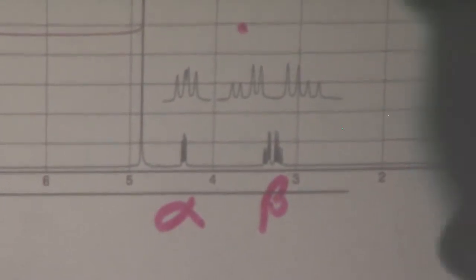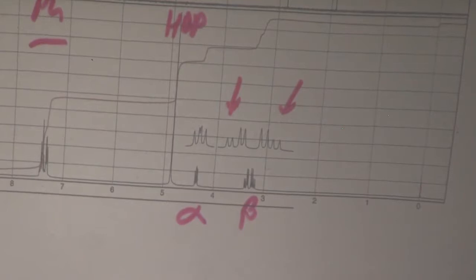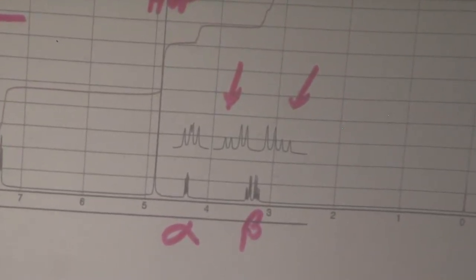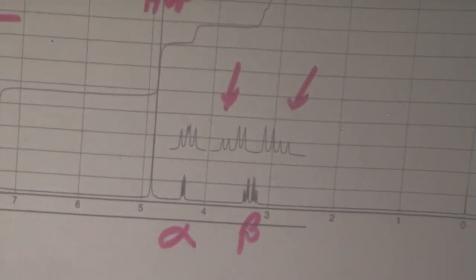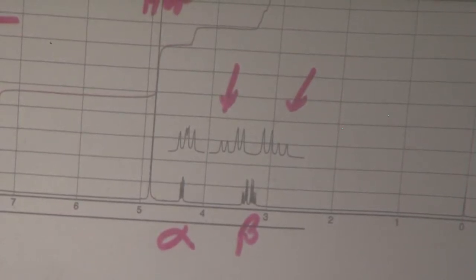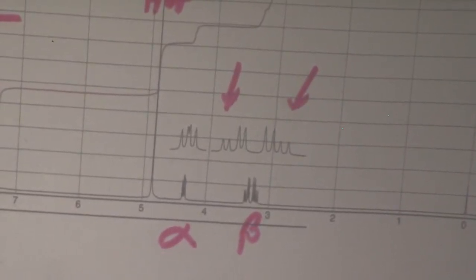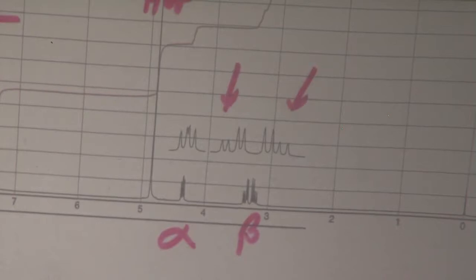Each of the beta protons appears at distinct positions, and these are expansions here. They're not the same. They're not chemically equivalent. They could be coincident, meaning appearing at the same position, but they are not. And so they appear at different positions.